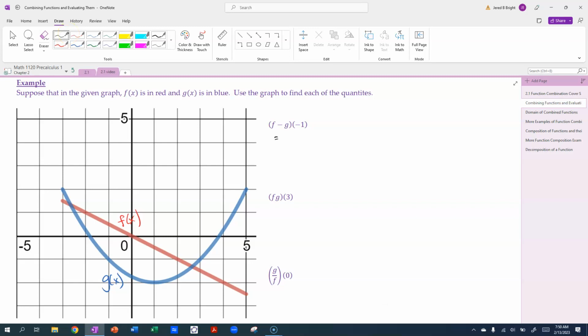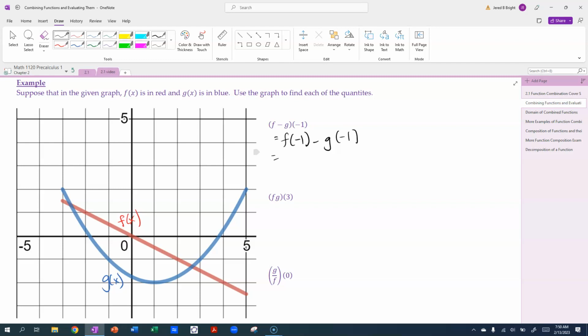This (f minus g) of negative 1 is the same as f of negative 1 plus g of negative 1. Oh, sorry, that should be minus. My bad. Now I'm just going to go to the graph and read this off. So f of negative 1, this negative 1 is the value of x. So I'm going to go to negative 1, go up here. That's somewhere between 0 and 1.